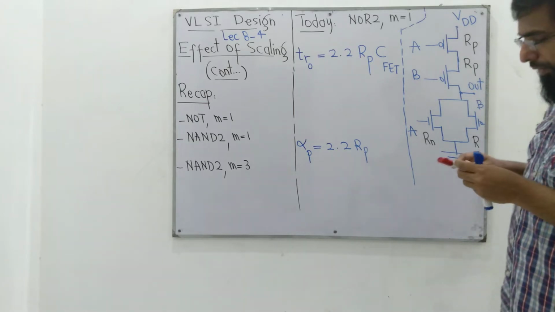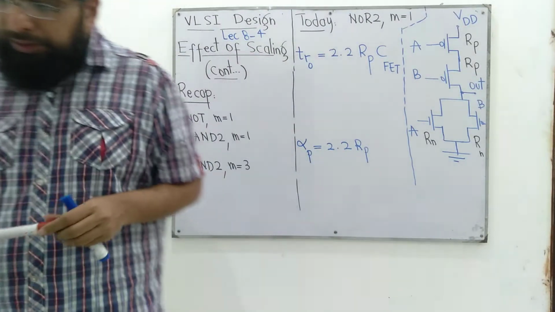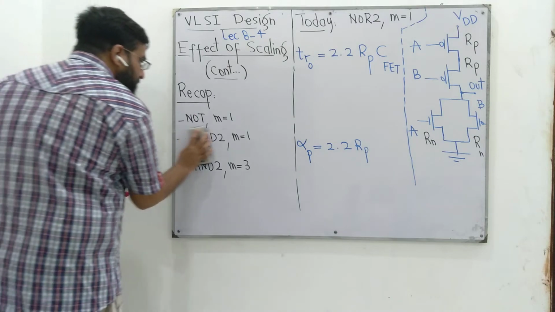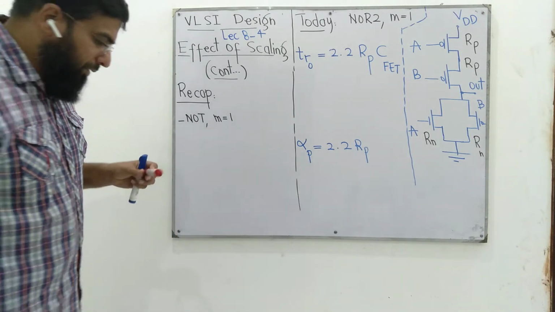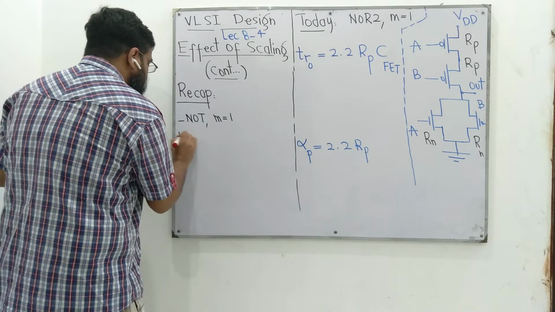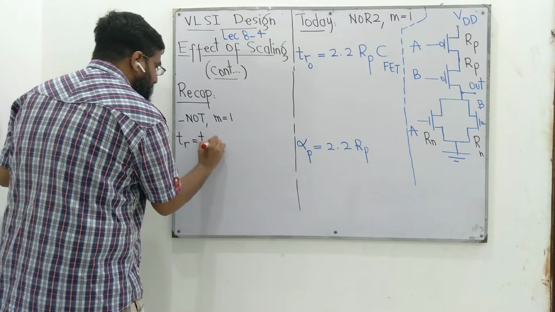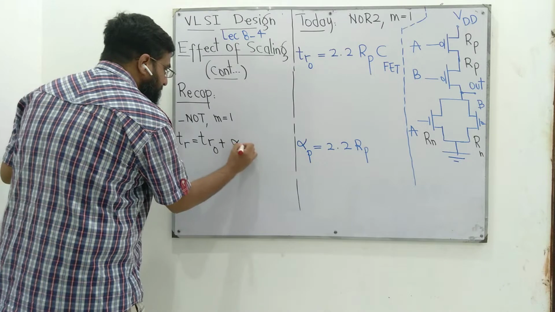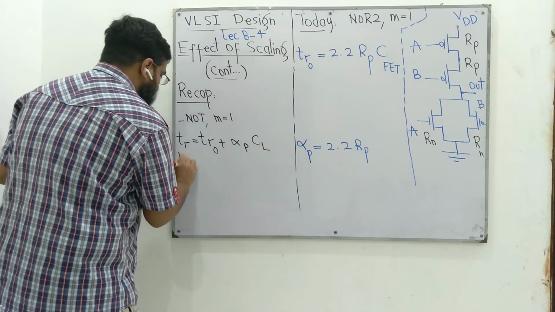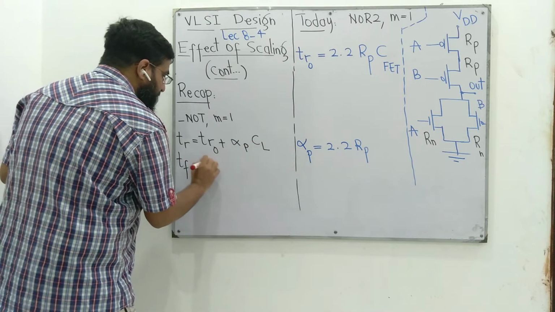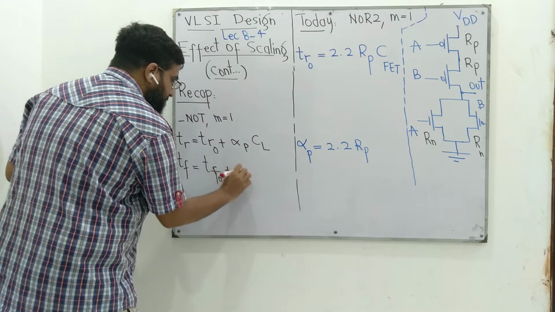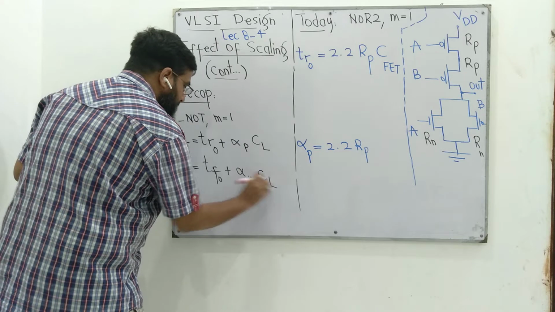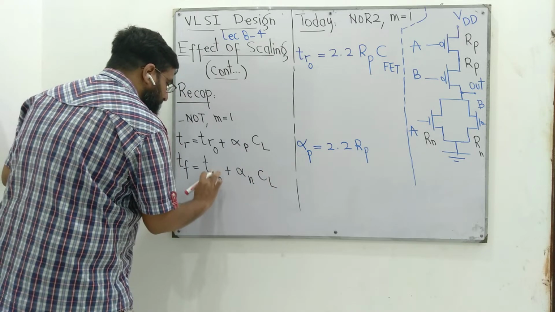We know that for the standard NOT with M equal to 1, the basic gate TR is represented as TR0 plus alpha P times CL, and TF as TF0 plus alpha N times CL.